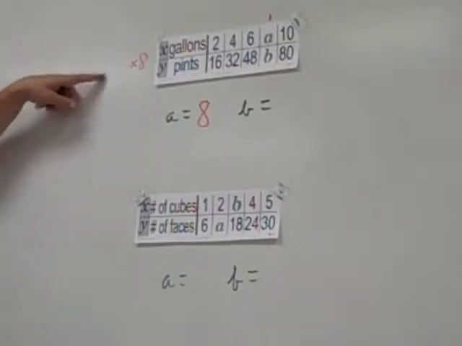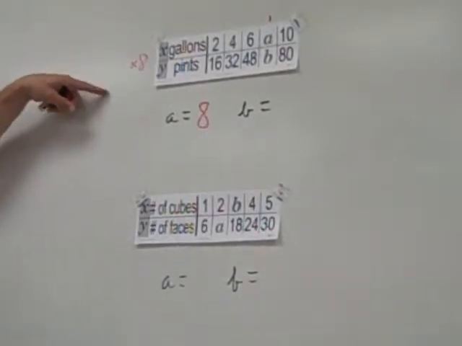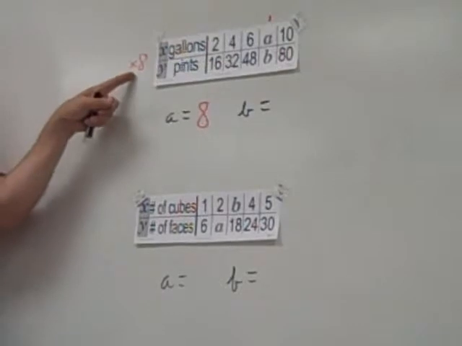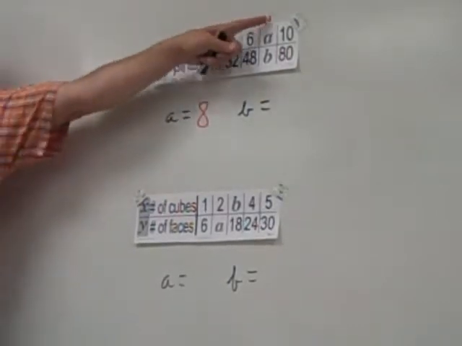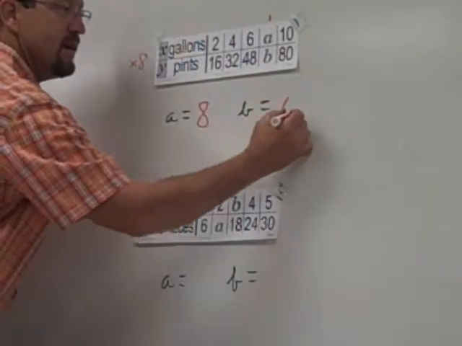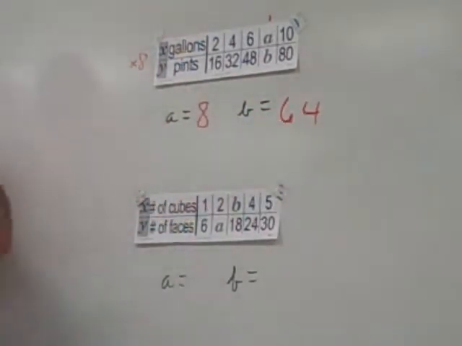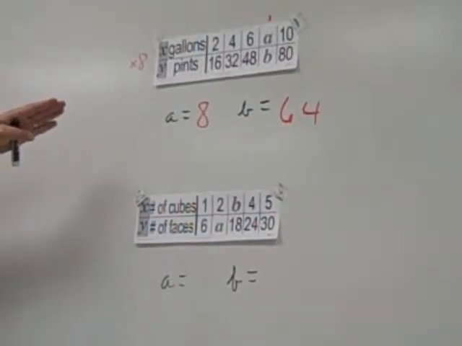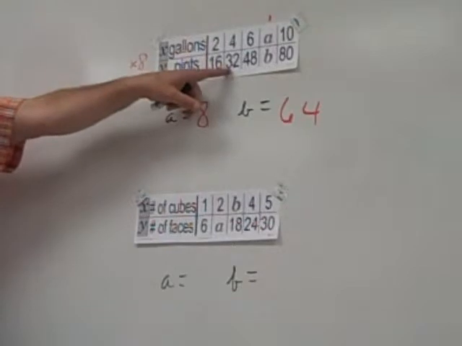Now, can we do the up and down? We know up to down is times 8. We just found 8, so what's 8 times 8? 64. So the B must be... Now, was there a pattern going sideways on the bottom? 16 turned into 32. Times 2. Plus 16. Yes, times 2, but what's 32 times 2?